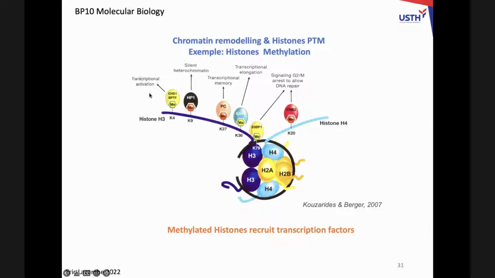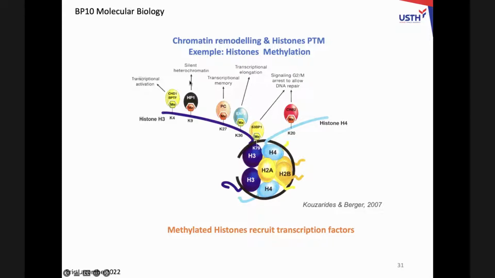Okay, and so here in this drawing, it's more complex than what we need to remember. You have the example of different readers of chromatin marks on histone H4, and you've got one here, which is a reader of the state of methylation of lysine 20 in the case of histone H4. Okay, so these are just examples.